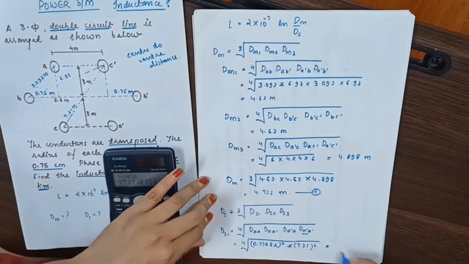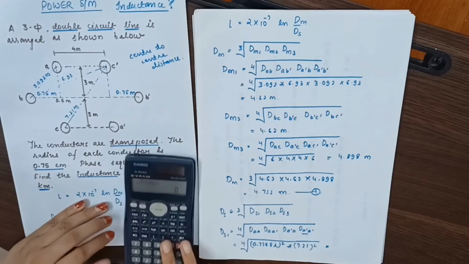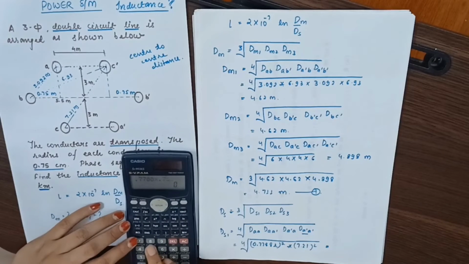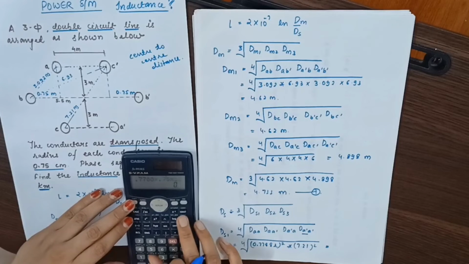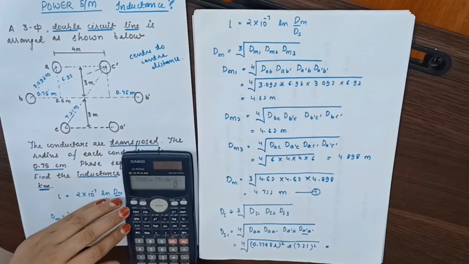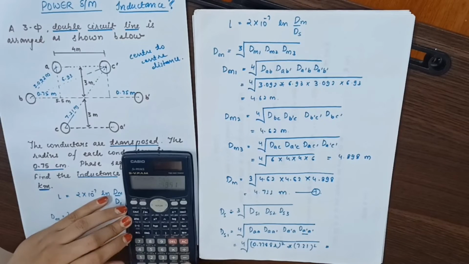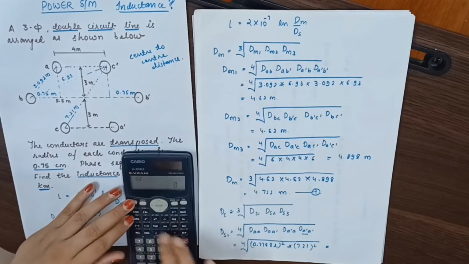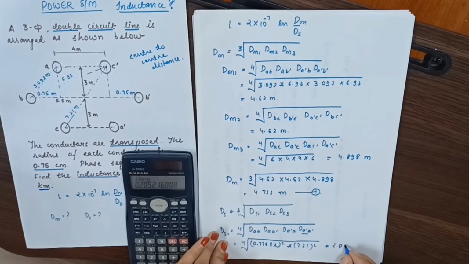Here 0.7788 into 0.75 is in centimeters, so we have to convert it into meters, 10 to the power minus 2, into 7.21 square, and then the cube root. It is 0.2052 meters.